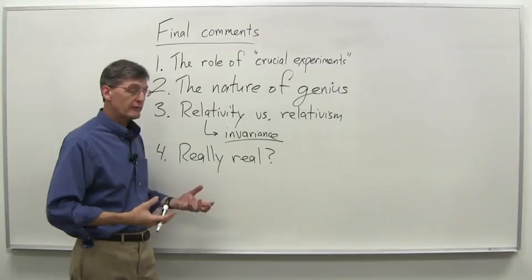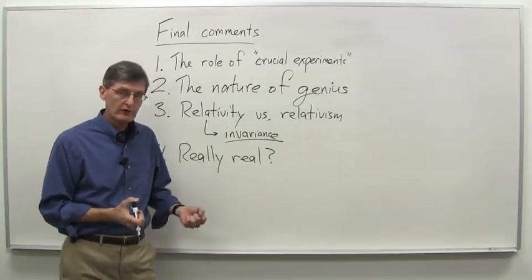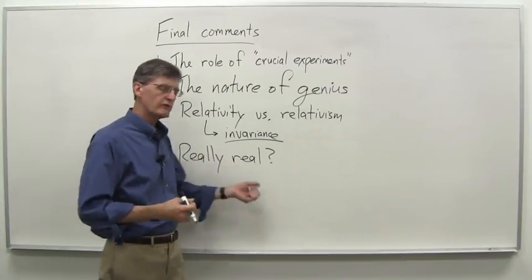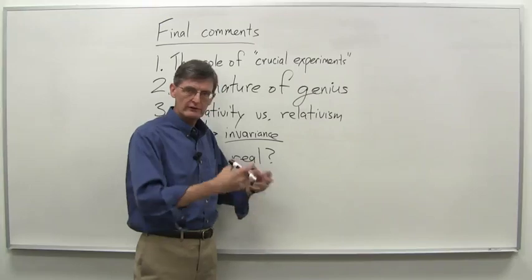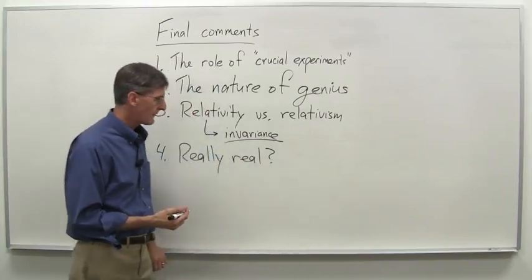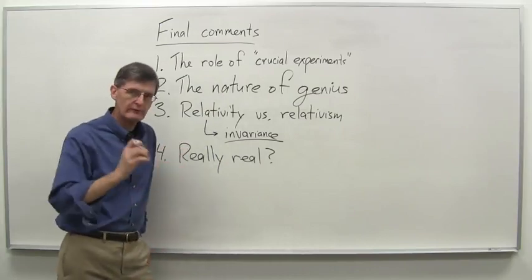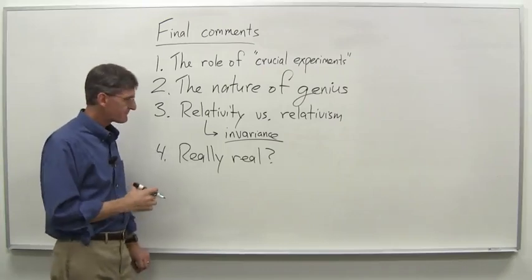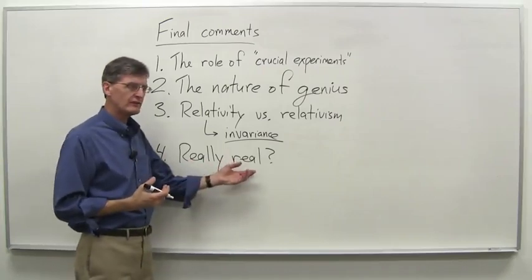And therefore, it's possible that we could come up with an experimental result, or really probably a series of experimental results, that called into question whether relativity was true, but we haven't so far. Everything has been consistent. And even if we did find something, it would probably be a very small type of correction. So, yes, it is really real.